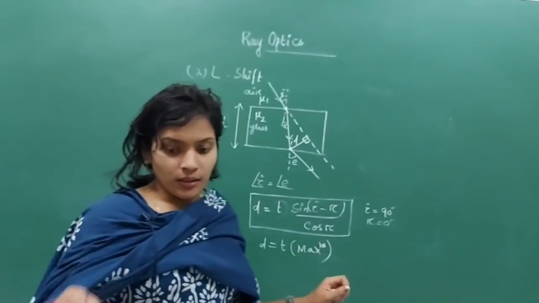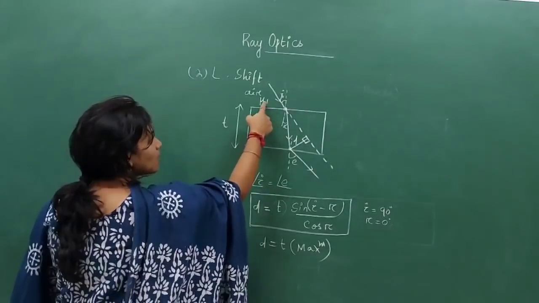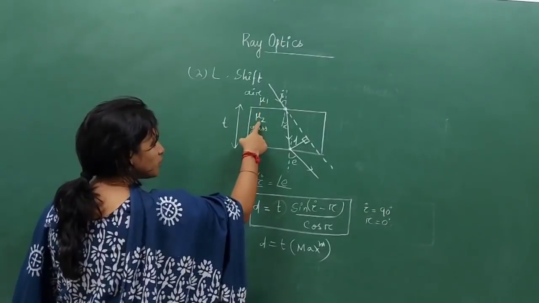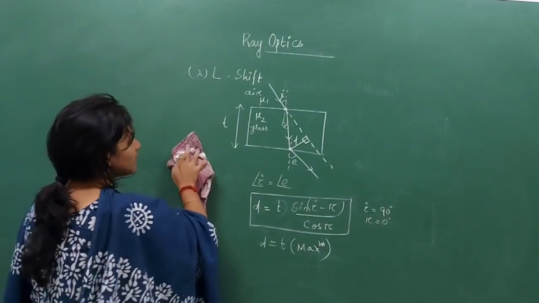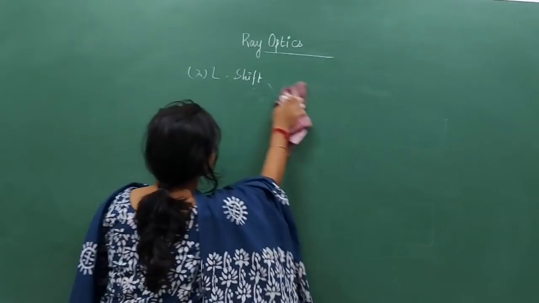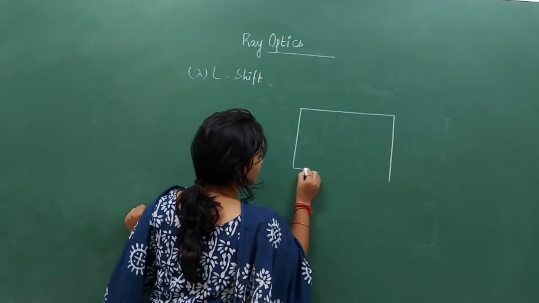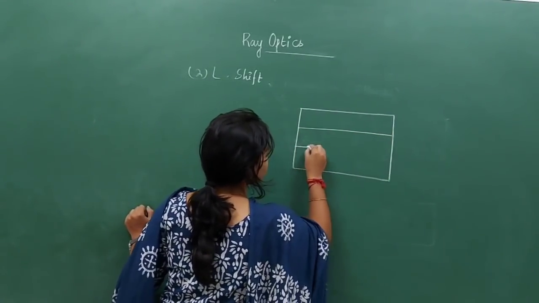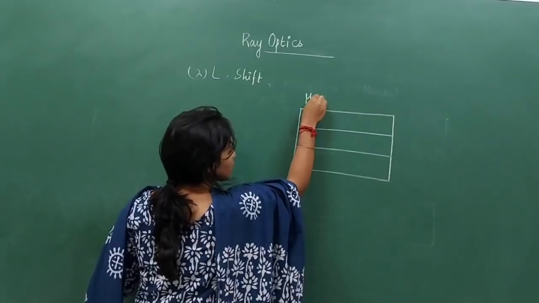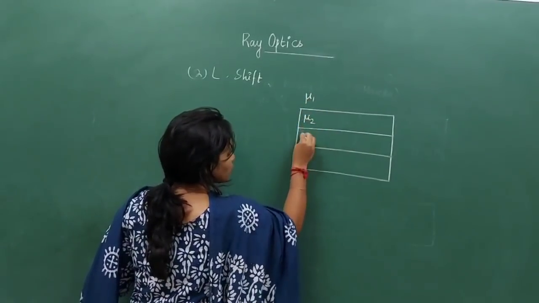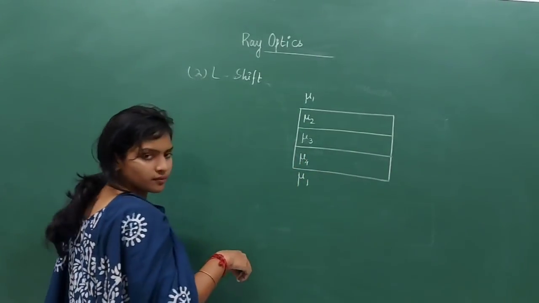Now, for multiple refracting surfaces, like this is one refracting surface, where the ray of light goes from one medium to another medium, then again to the first medium. Now, if I consider multiple refracting surfaces like this, this one is mu1, this one is mu2, this one is mu3, and this one is mu4, and this one is mu1.